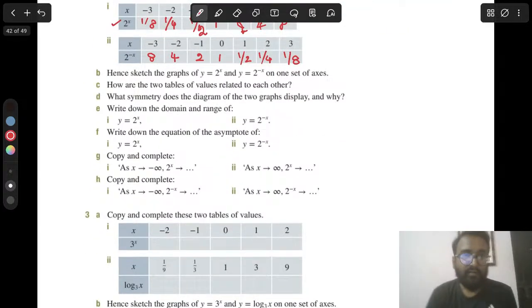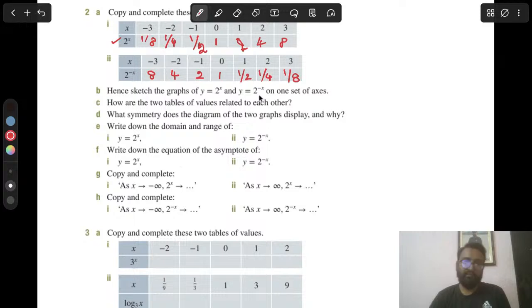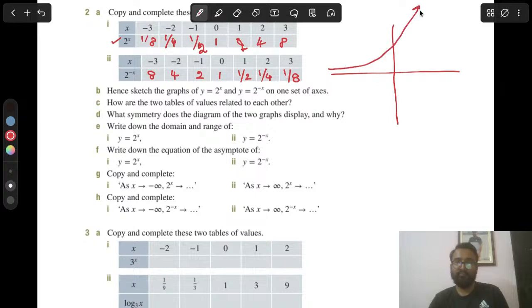Hence, sketch the graph of 2 power x. It is the same graph we already saw in the previous sketch, 2 power x and 2 power minus x. So the graphs will be like this. This is 2 power x.